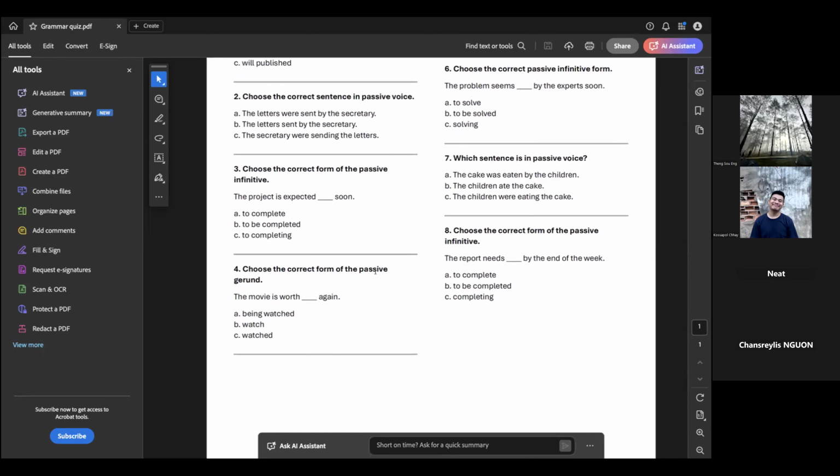Bong, what is your answer for number 4? The movie was watched. C, right? Yes. And number 5.